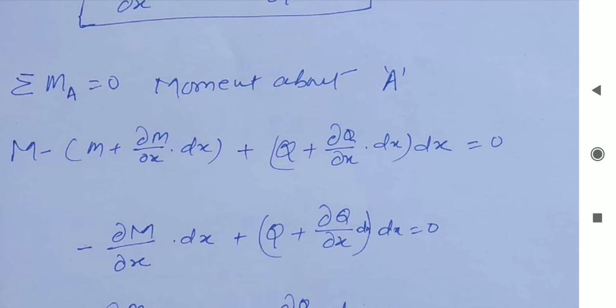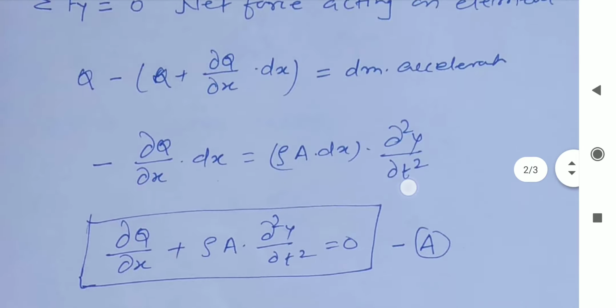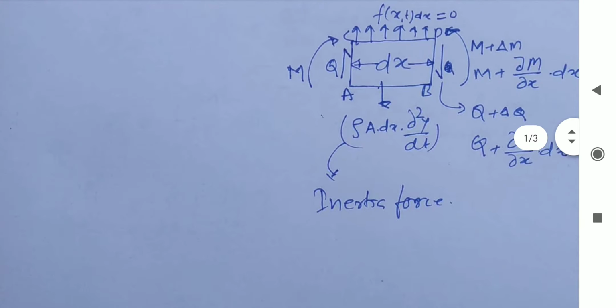So Q plus del Q upon del x into dx, the shear force, into dx, the perpendicular length. So that is the moment due to the shear force acting at surface BD.